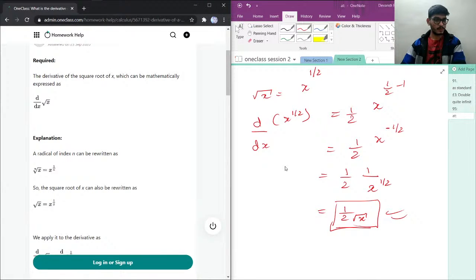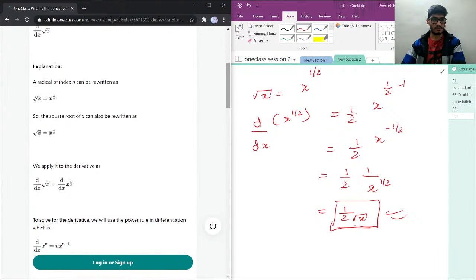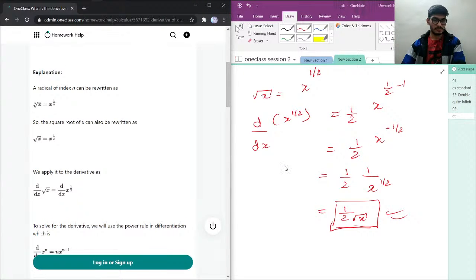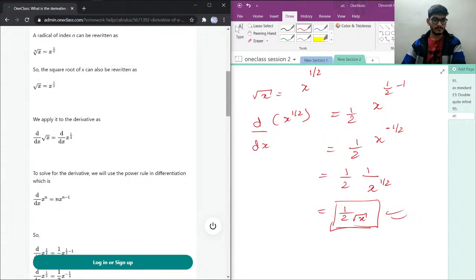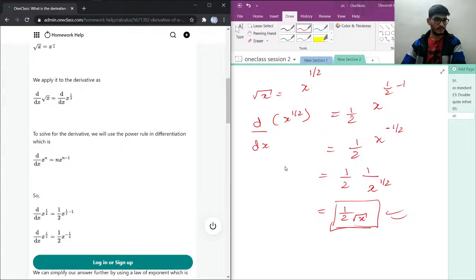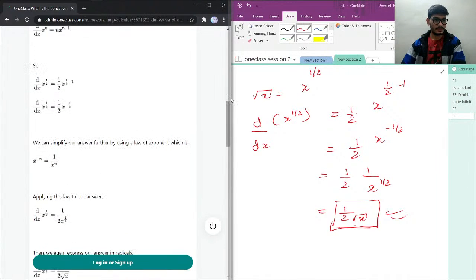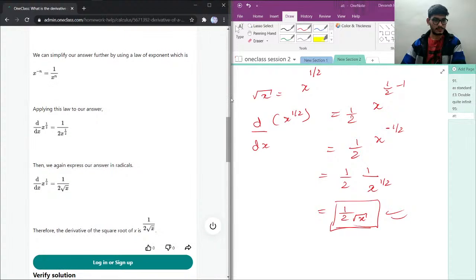The derivative of square root of x can be mathematically written as d/dx of square root of x. Again, here also they have used the same identity, and then we have n times x to the n minus 1, 1 over 2 x power negative half, and this negative power will come in the denominator and become positive.